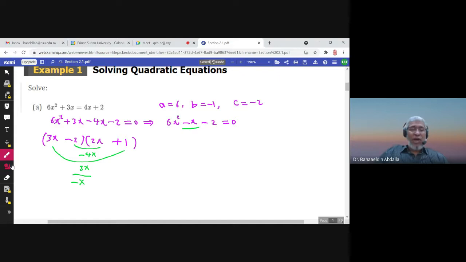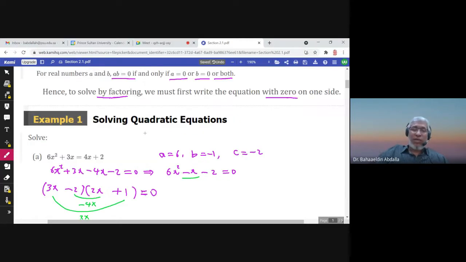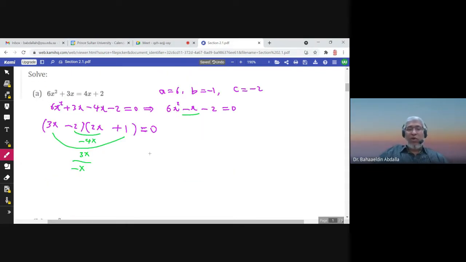So now we have these two parentheses. The product of them is 0. So using the zero product property, if ab is 0, then one of them is 0. We conclude from here that either 3x minus 2 is 0, or 2x plus 1 is 0, or both. If this is 0, then we can solve this linear equation now.